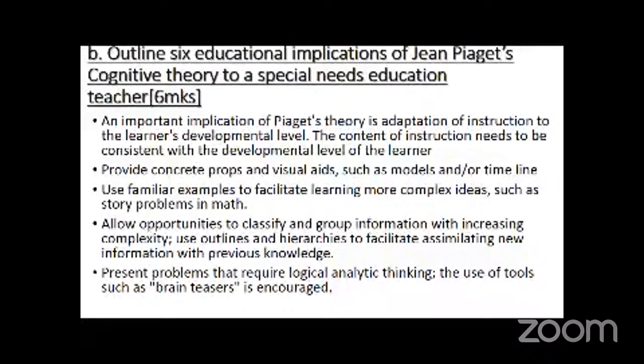An important implication of Piaget's theory is adaptation of instruction to the learner's developmental level. So when we talk about, remember, the Jean Piaget theory of cognitive development, Jean Piaget describes it as 4 stages.